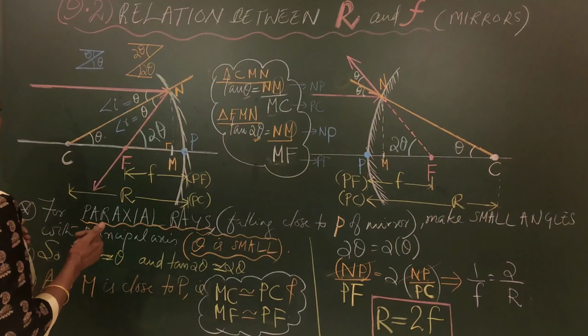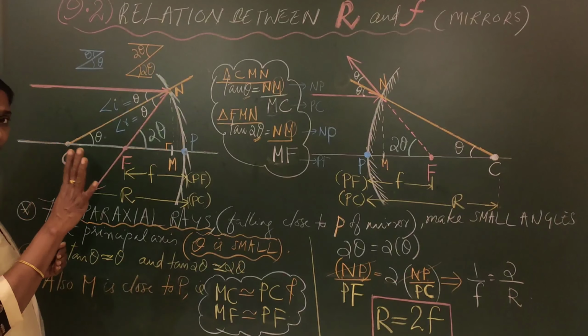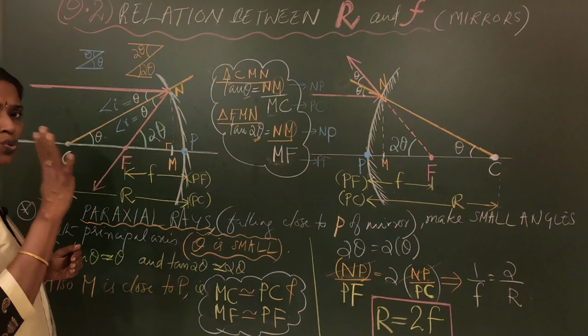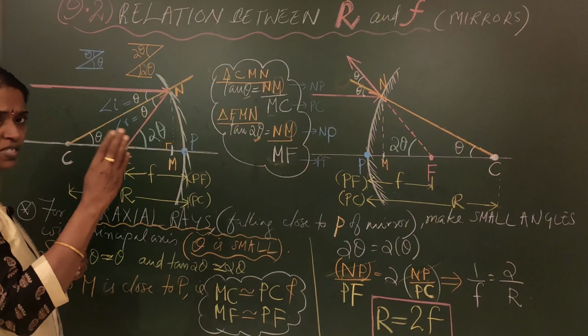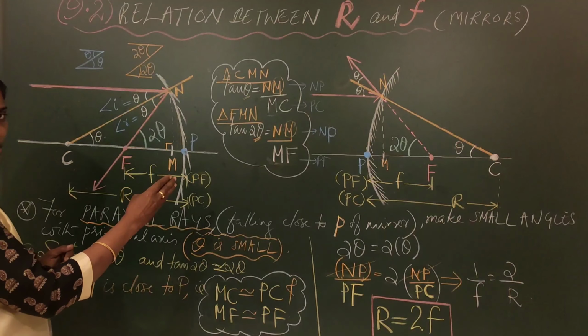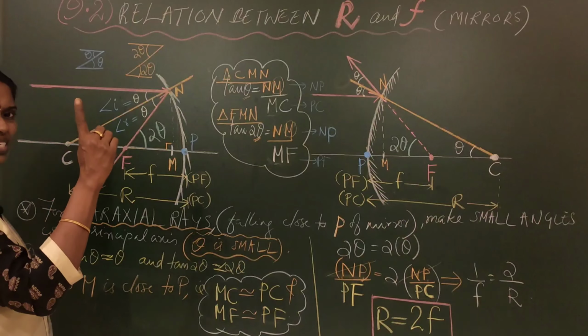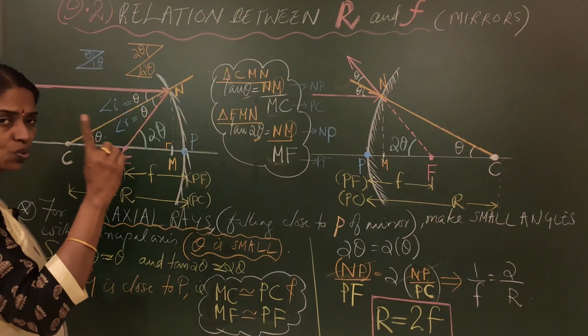Okay. Now, in the last video, we have discussed 4 rules. We have 4 rules or 4 rays specifically for image formation. Here we are using the first ray or first rule.